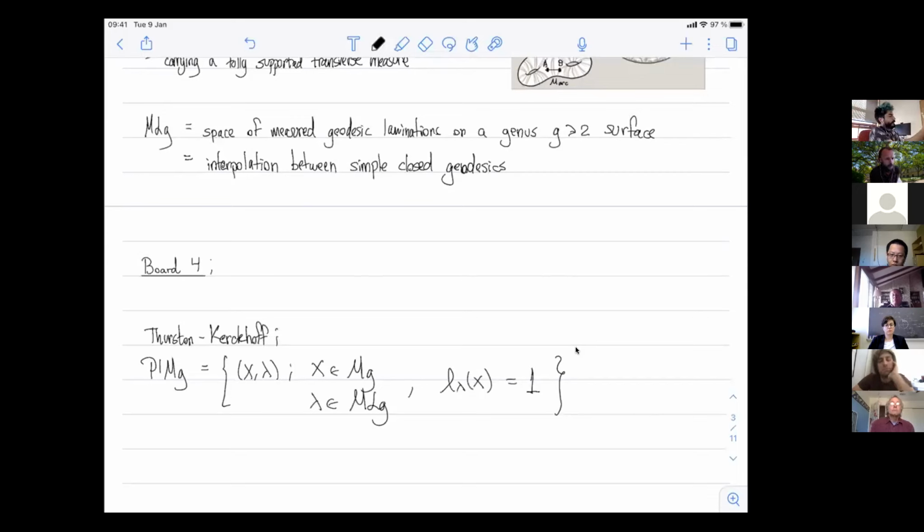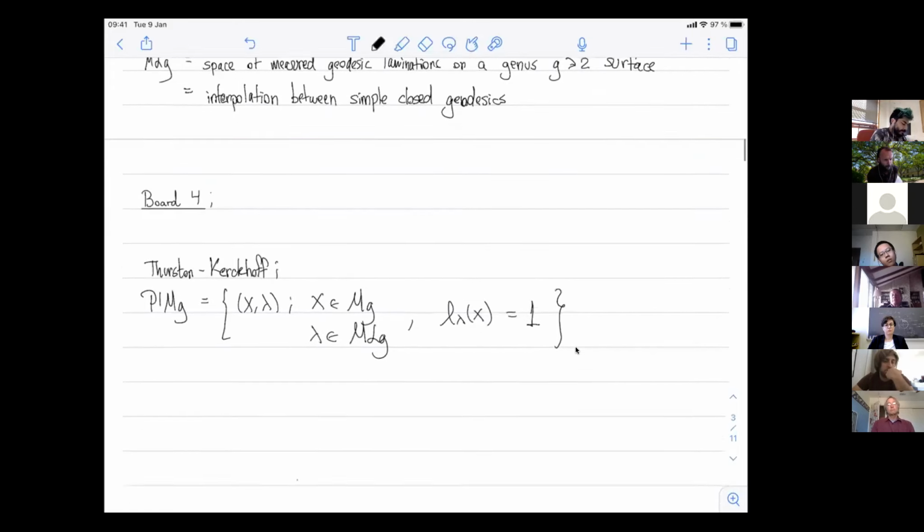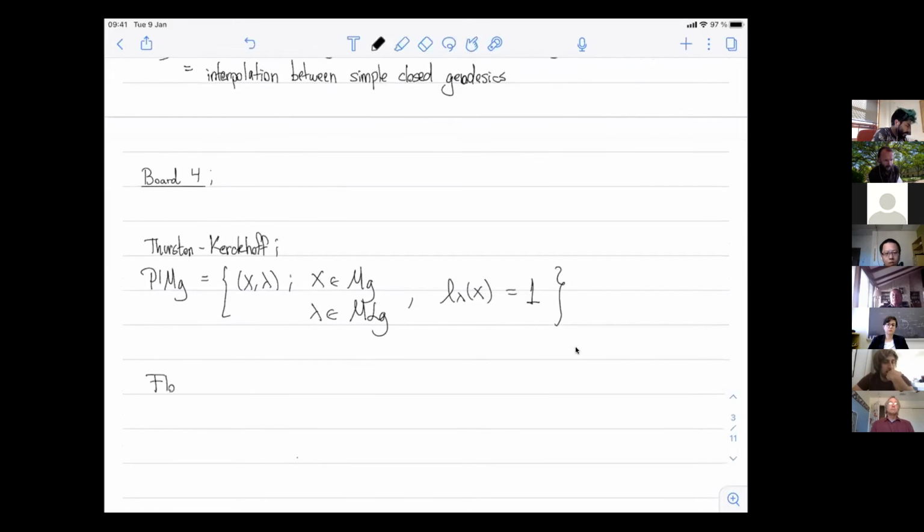And the point is that not only do we have a bundle, but we also have a flow, and the flow is what we call the earthquake flow. So we have a flow, which we're going to denote by E, from this bundle back to itself, and we call it the earthquake flow.